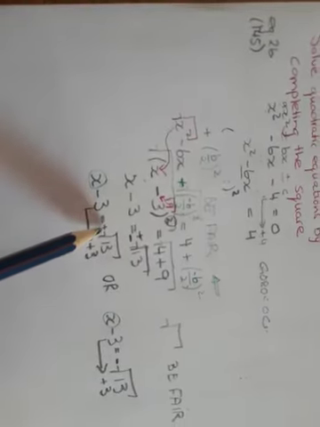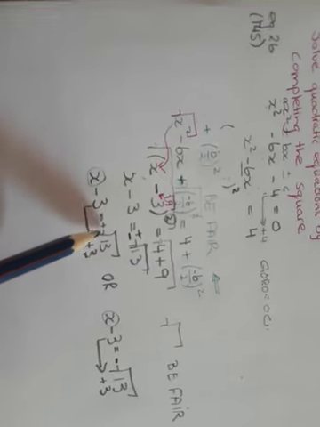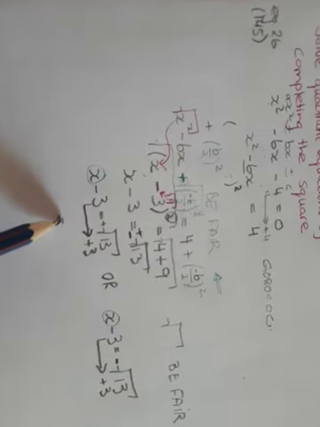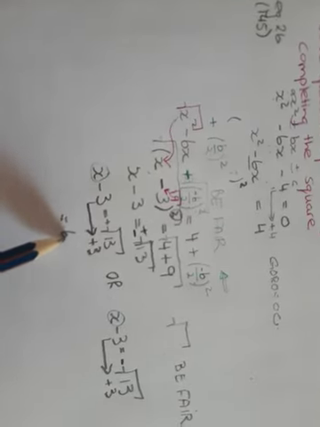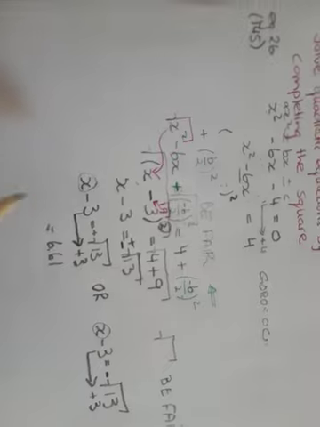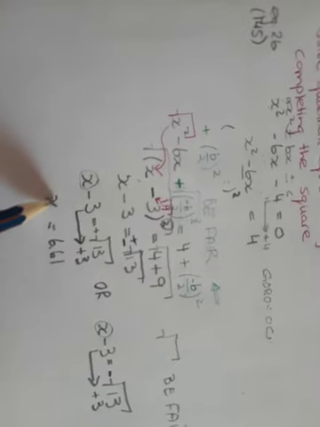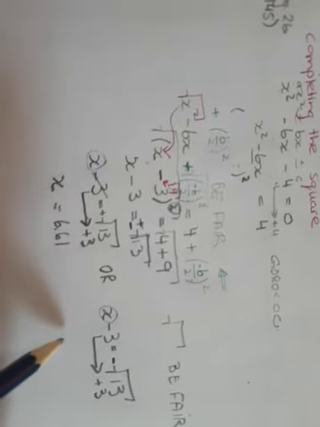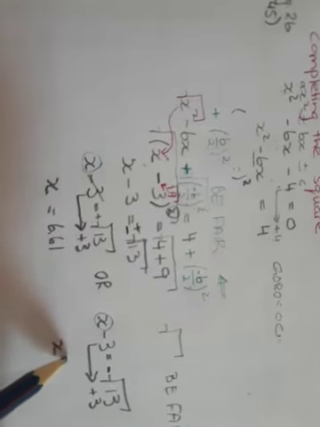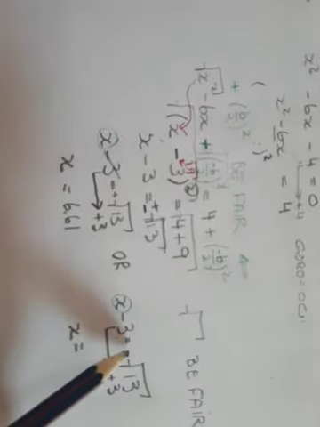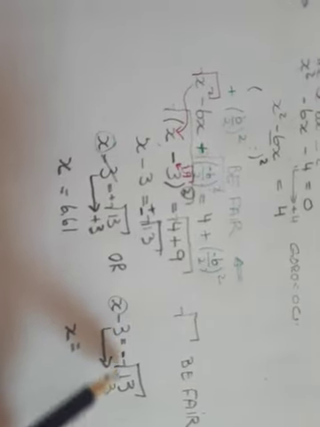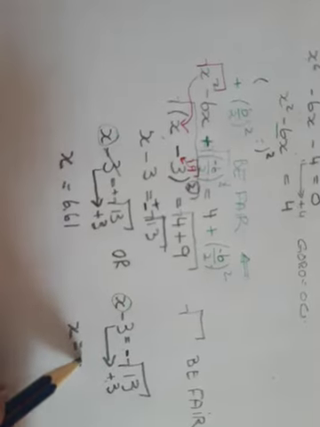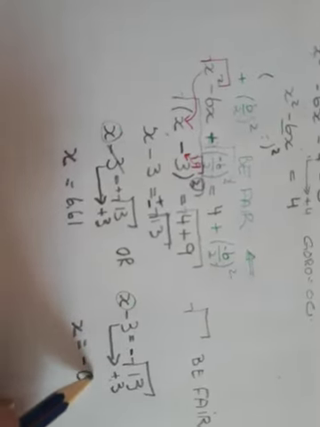So when I now put into my calculator the square root of 13 plus 3, it gives me a value of 6.61. And on the left-hand side, I've got x left over. Now I put into my calculator negative square root of 13 plus 3, and that gives me a value of negative 0.61.